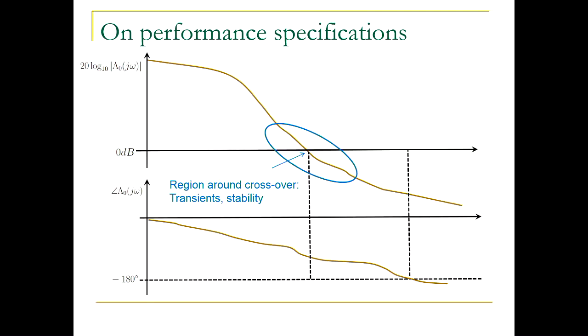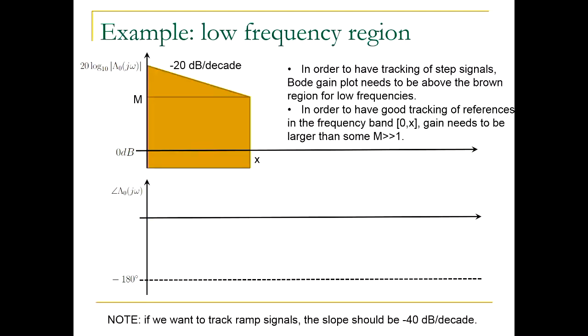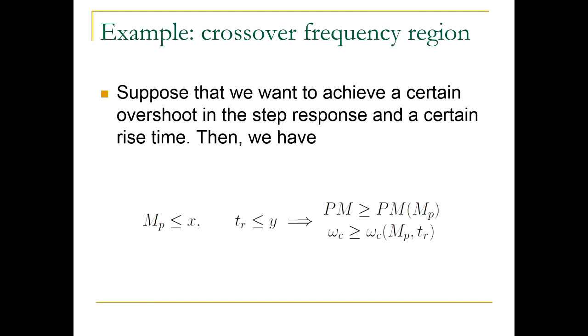So we are ticking off a lot of boxes by imposing certain requirements on the phase margin, which is related to the damping ratio, and also crossover frequency, which is now related to the rise time as well. All of these can be done as a first step in figuring out what you need to achieve when you are doing frequency domain compensation.